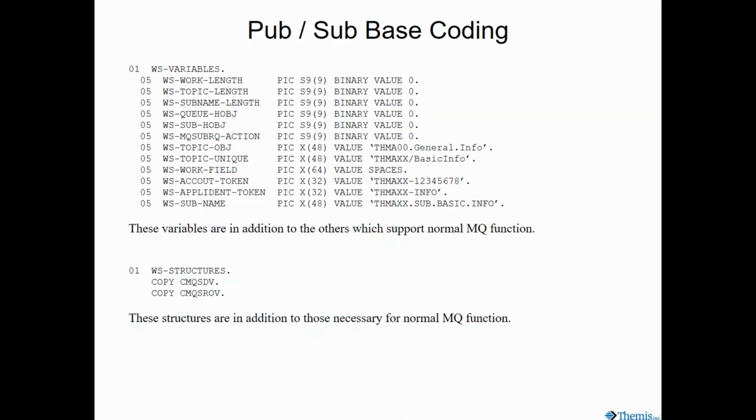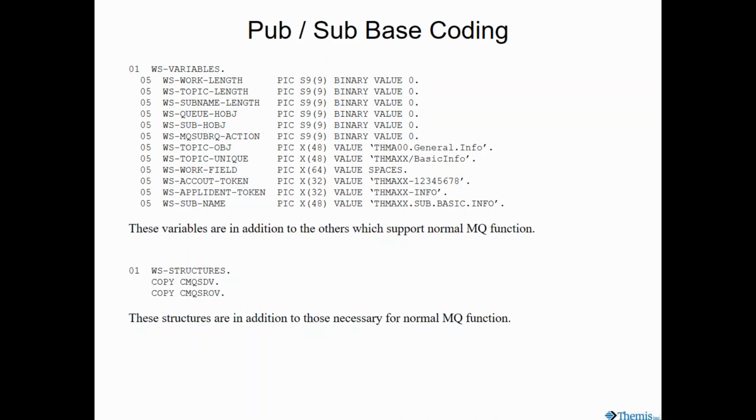The subname length, you'll see the subscription name, I'm going to supply. Notice there's two HOBJs, two object handles here. One is going to represent the queue, right? And the second object handle is going to represent the topic string, or topic, if you will, okay?